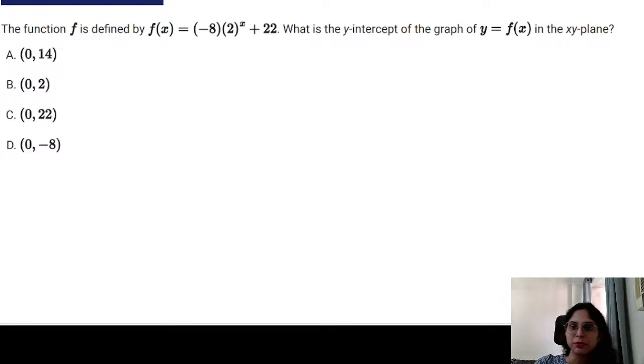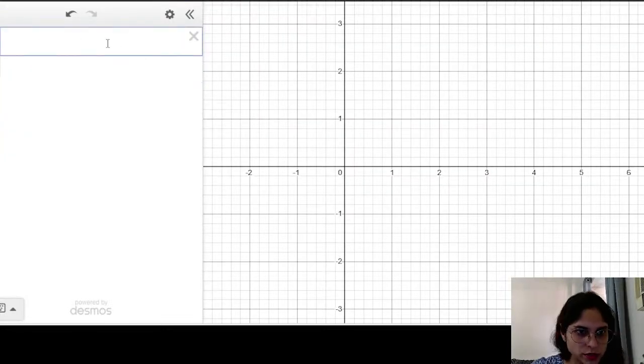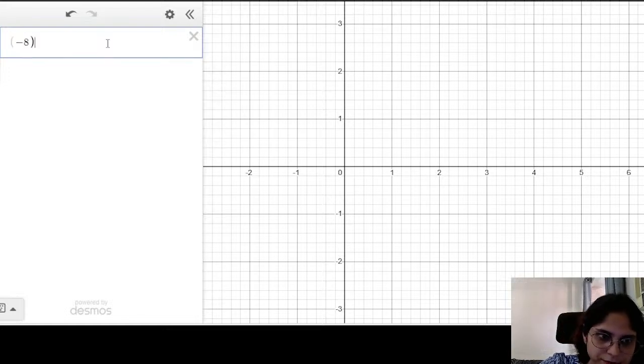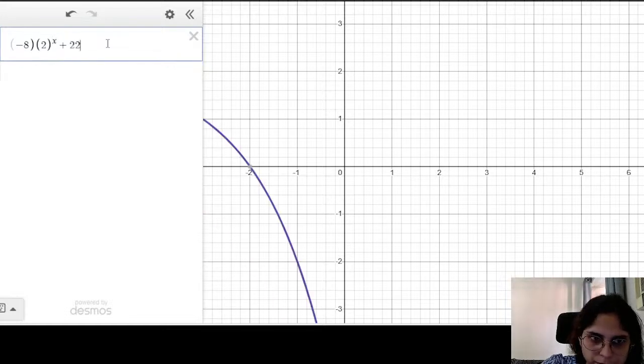Over here it is going to be A plus K because there is a K value also, so you have to add it as well. So from here it's going to take -8 plus 22. So the answer is going to be 14. Y-intercept is 0, 14, not this one. Okay, and the best way is you can just go to Desmos, type the equation, you will get it. -8 times 2 to the power x plus 22.